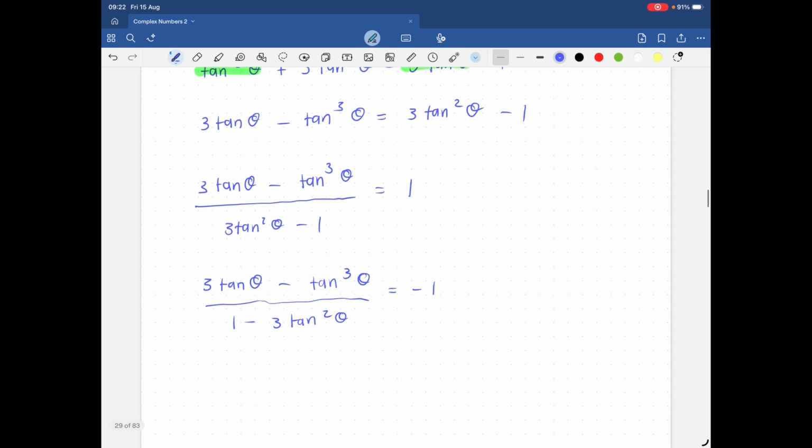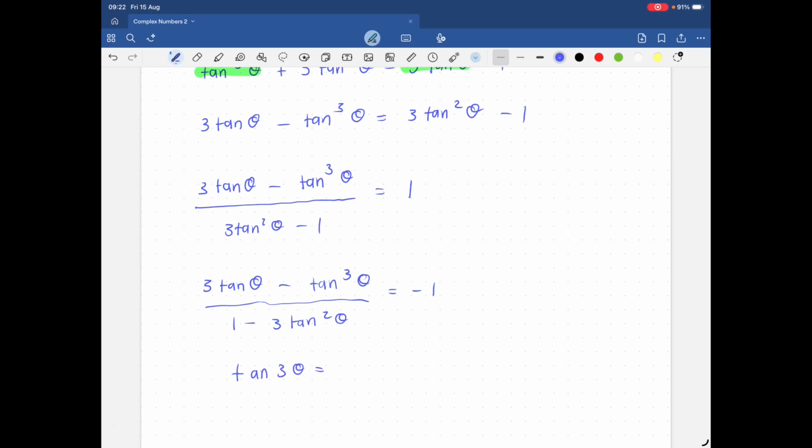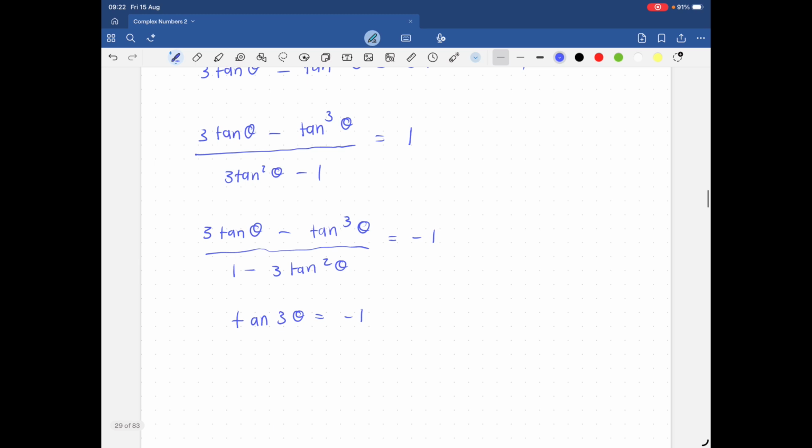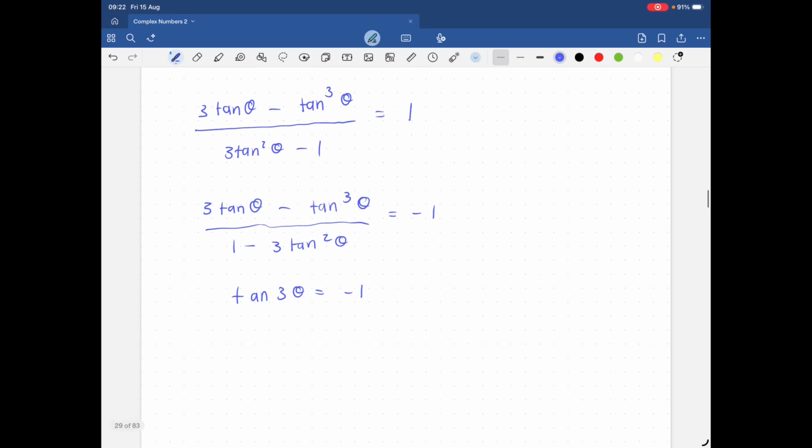All right. But we've proven earlier that this is equal to tan of 3 theta, and that equals -1. So we're going to solve the equation tan of 3 theta equals -1. So tan inverse of 1 is pi on 4. So tan inverse of -1 is going to be 3 pi on 4, or 7 pi on 4.